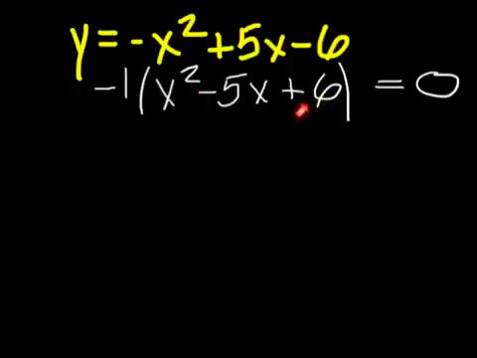Are there two numbers that I can multiply together to get a positive 6, and that will add to get a negative 5? No. Yes. Which ones? 3 and 2. 3 plus 2 is positive 5. Negative 3, negative 2 would multiply to get positive 6 and would add to get negative 5.